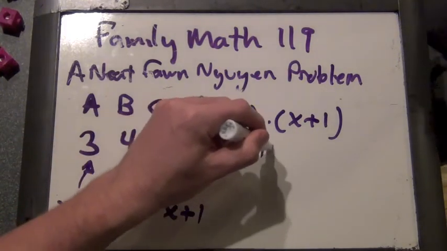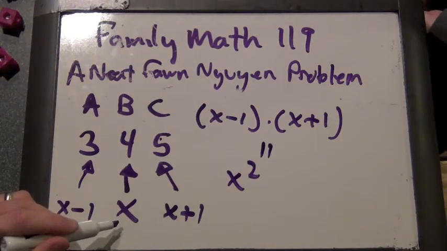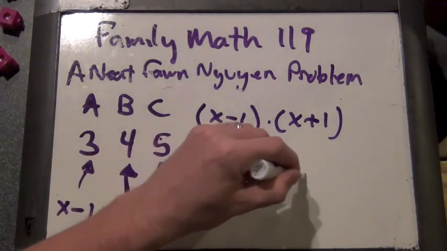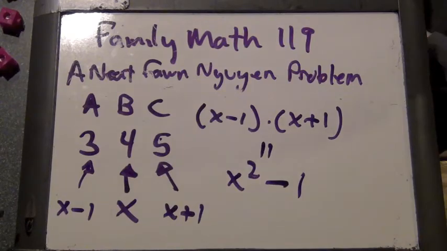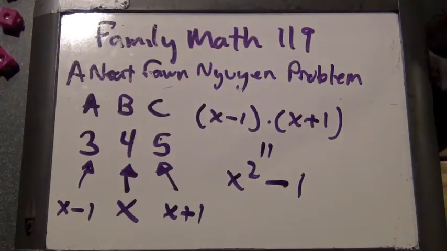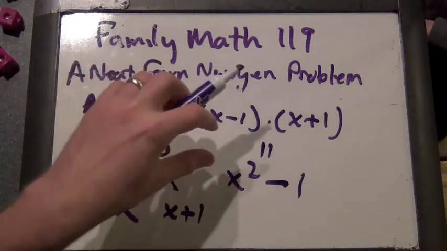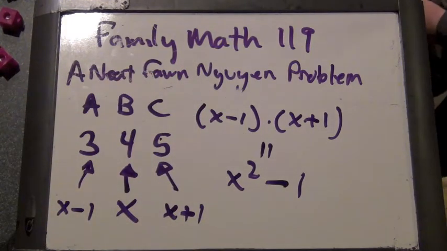We found that this was x squared, and x squared was a little bit too big. And then minus 1. So we have an algebra expression here that says x minus 1 times x plus 1 equals x squared minus 1.